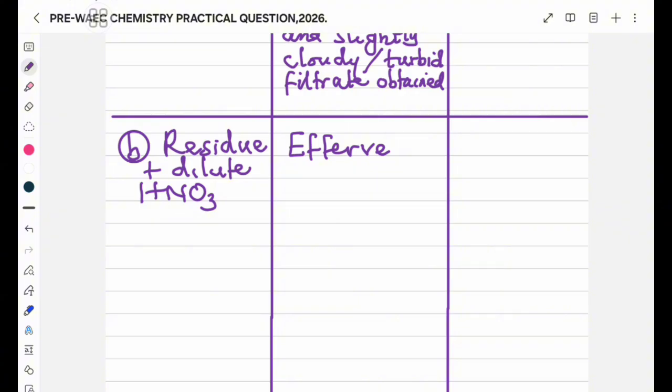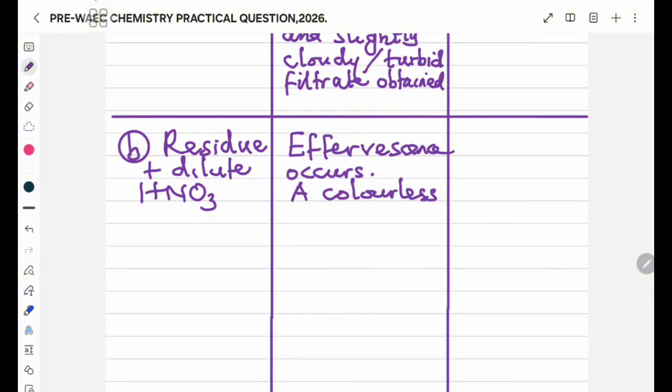When a gas is released during an aqueous reaction, you describe that as an effervescence. Effervescence occurs. And that means you need to describe the gas you observe. And the gas you're observing is going to be colorless.